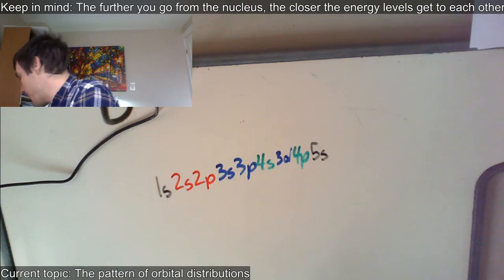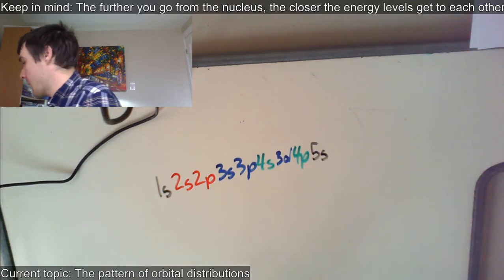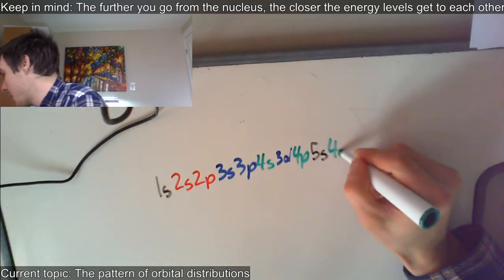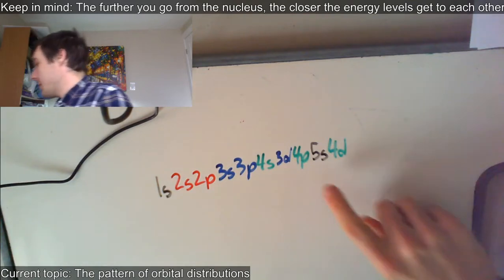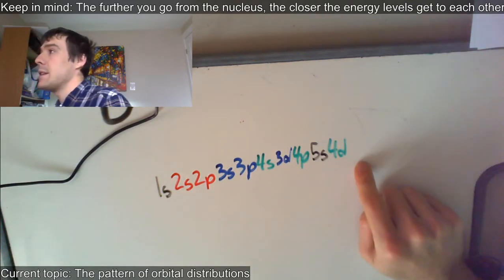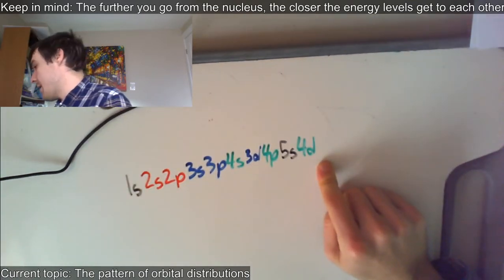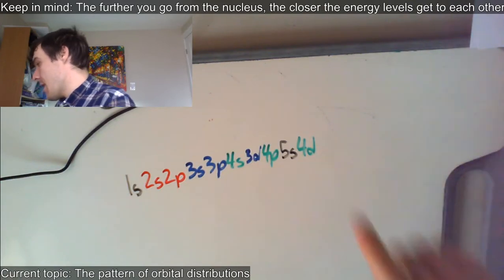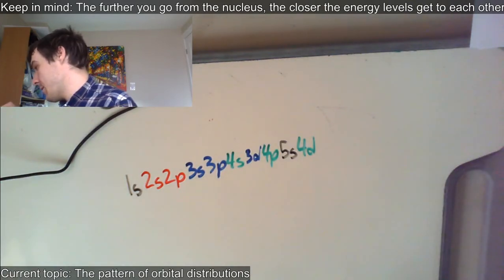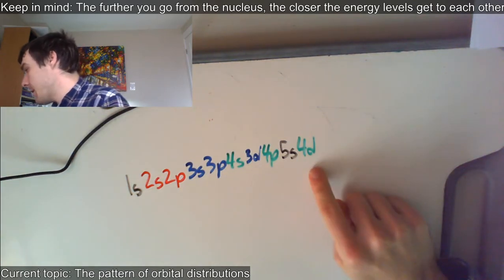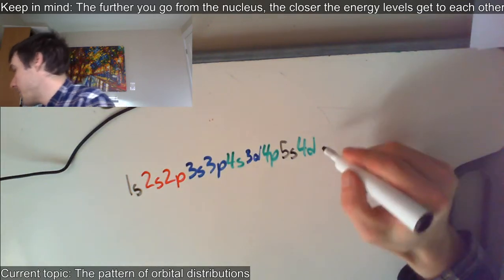Yeah, 4d. 5s, then 4d, right? 4d sneaks in ahead of 5s. Then it should be 4p, right? We've got 4p, 5s. 5p, I think. Yeah, 5p.